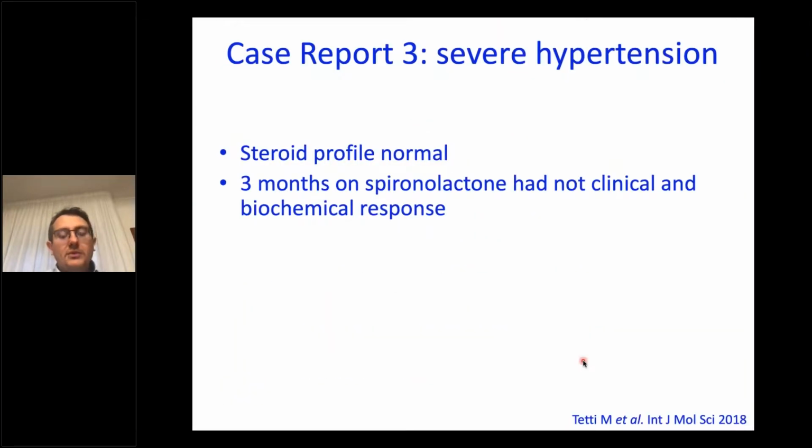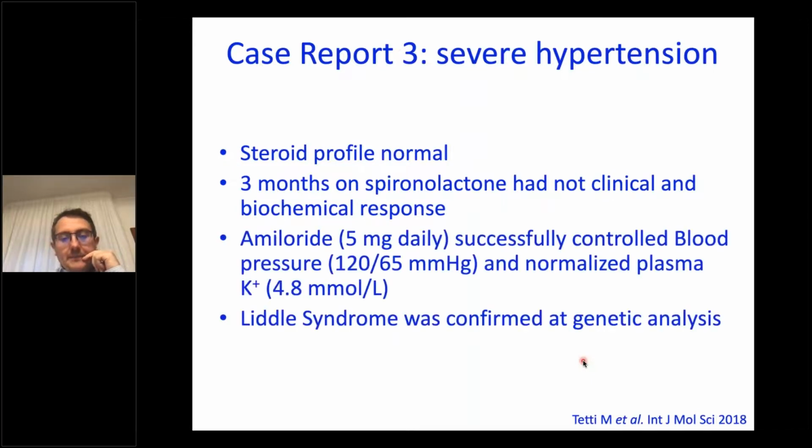The steroid profile was normal. This rules out the forms dependent on altered steroid genesis, and the patient was treated for 3 months with spironolactone, but no clinical benefit was found, and this is an adjuvant criterion for Liddle syndrome.